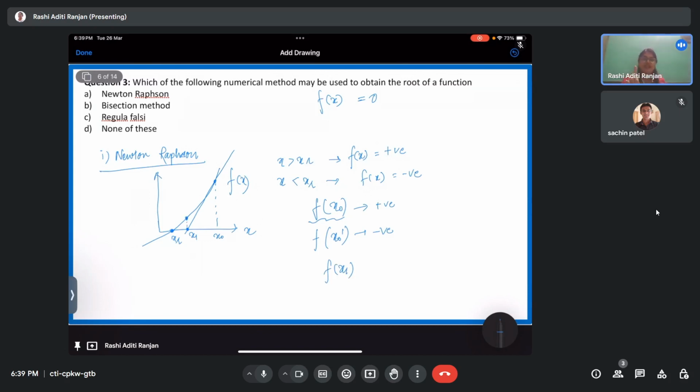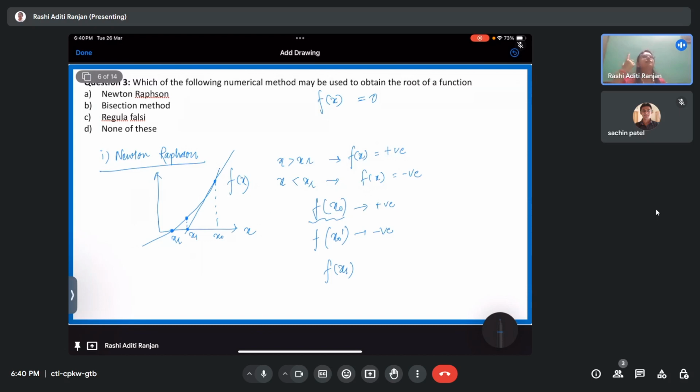Now, if you see what has happened, after I have taken the tangent, I found x1. Now I have computed the value of f at x1. I see that f of x1 is positive, but its value is less than f of x naught, which means that my x1 is now much nearer to my root xr.